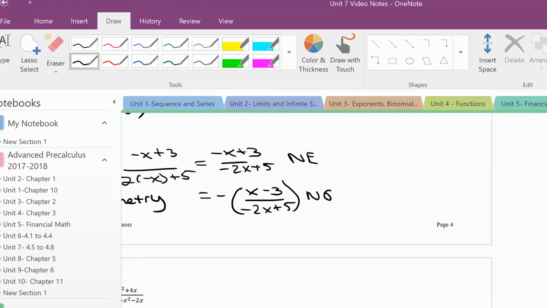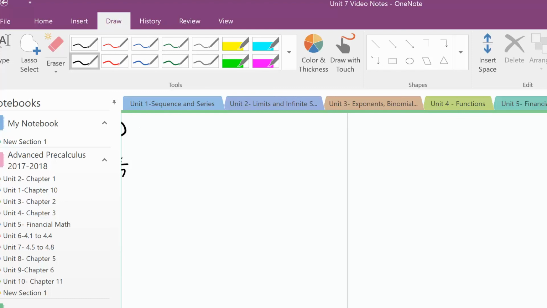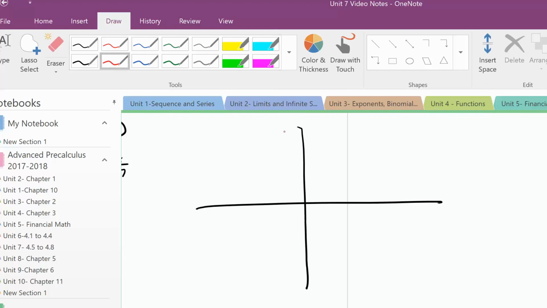So now we can graph this. We'll get some space over here. Okay, so now we have our vertical asymptote at -5/2. We have a horizontal asymptote at y equals 1/2.